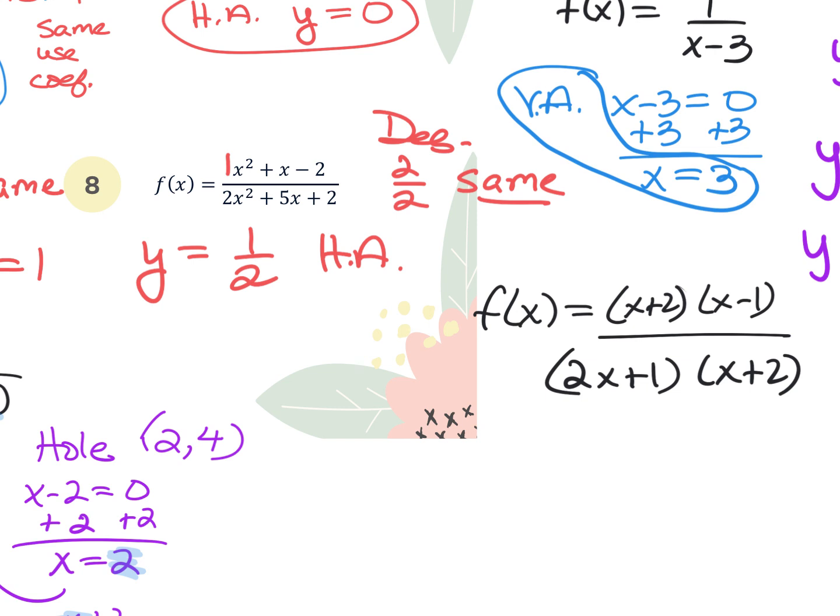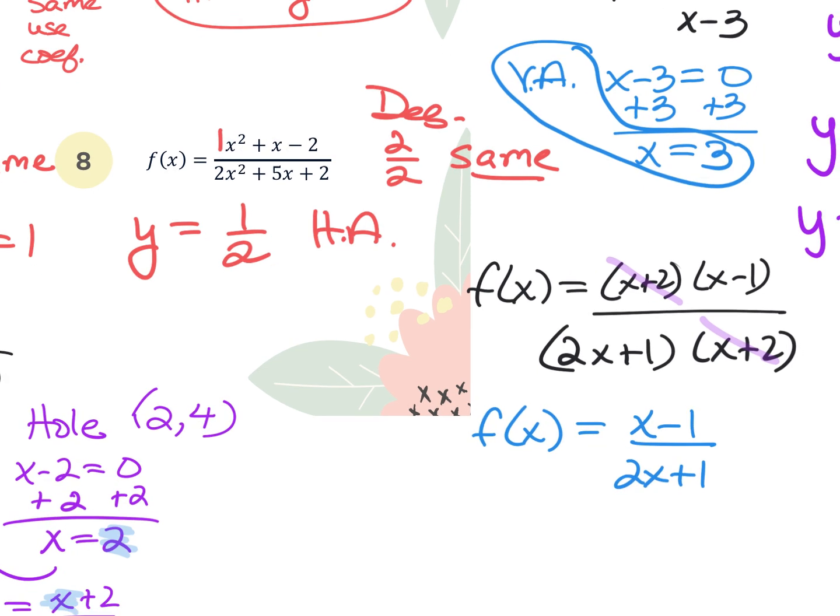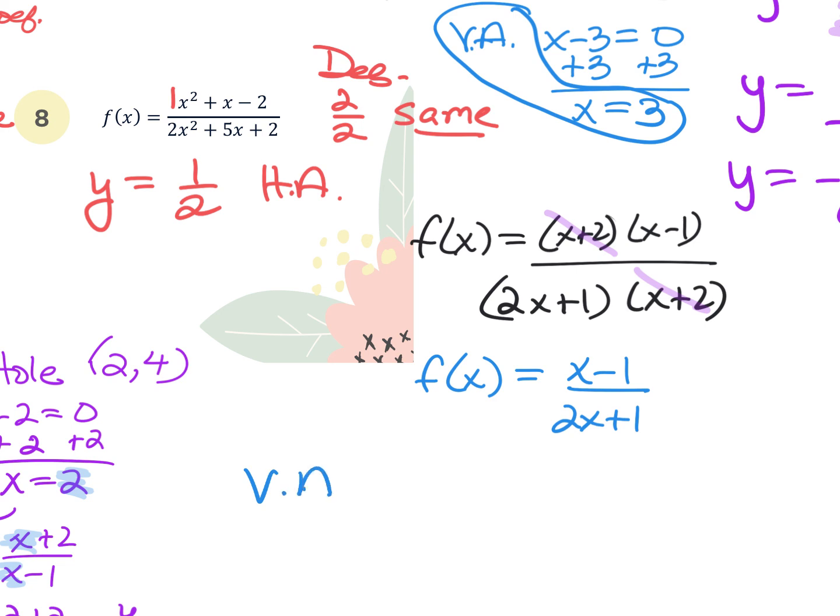All right, so now again, to simplify it, I need to see what I can cancel. I can cancel the x plus 2's. So my simplified function is going to be f of x is equal to x minus 1 over 2x plus 1. To find the vertical asymptote, take the simplified function's denominator, set it equal to 0.